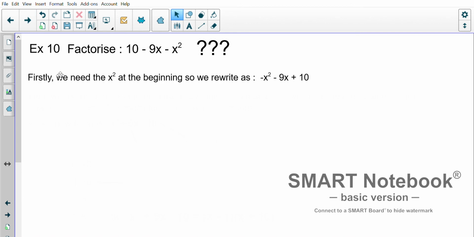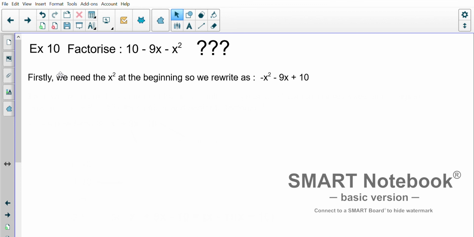Okay, so let's put the x squared to the beginning. So the x squared, although it's a negative x squared, the negative x squared comes to the start. We're just rearranging the same thing. We're not changing anything at all apart from the order. So the minus x squared can go to the start, and it's a plus 10. There's no negative in front of it. That can be stuck at the end. So it starts to get a wee bit more familiar.